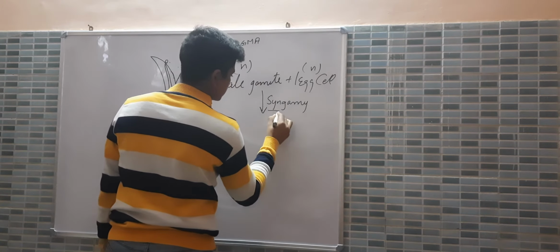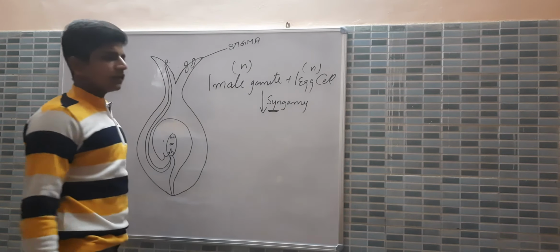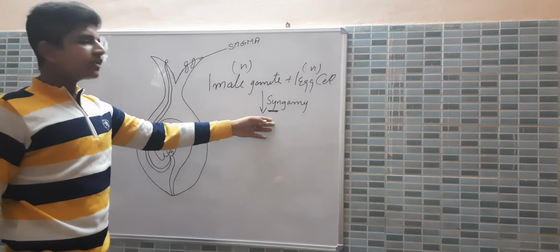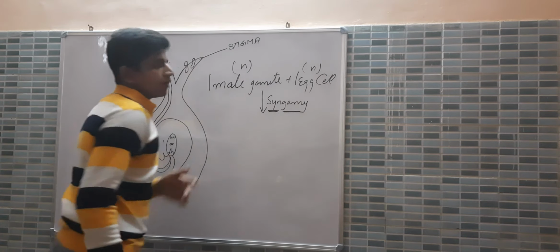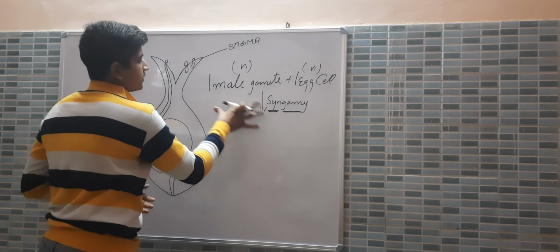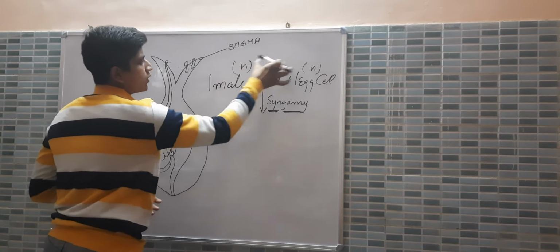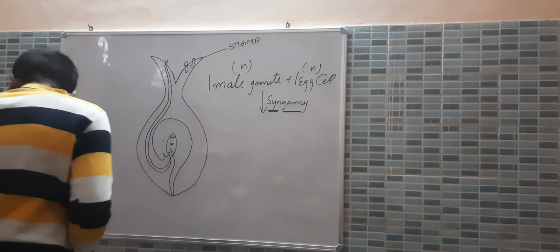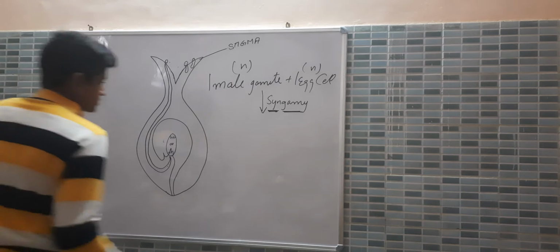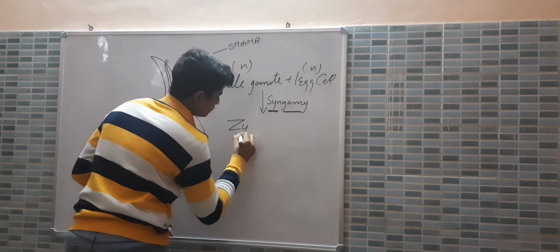Syn means synchronization and gamy means marriage. By the combination of haploid plus haploid, it forms a zygote, which is a diploid cell.